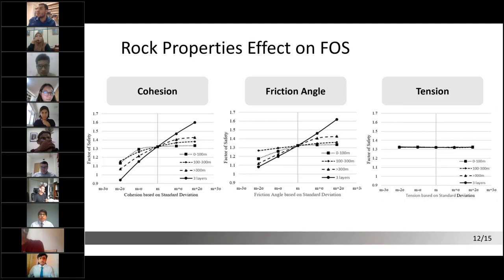Yes, so what we did here was, at the beginning, we designed the slope according to the mean values in order to be in the middle of all the possible factors. Then we took the COV values and generated the different possibilities that may exist for these parameters.